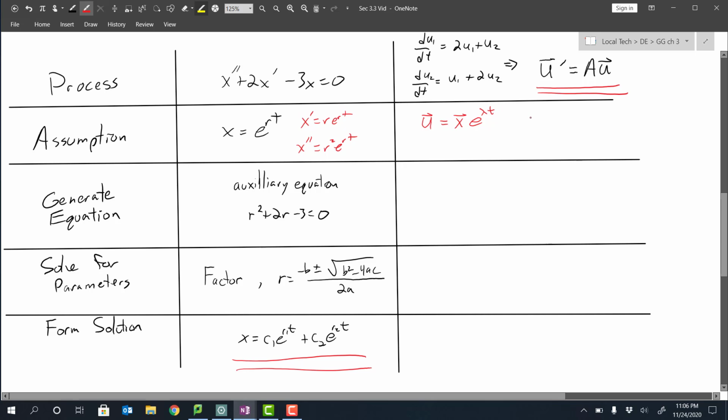We're going to take the derivative. If I take the derivative of my vector u, I will get lambda times the vector x e to the lambda t.